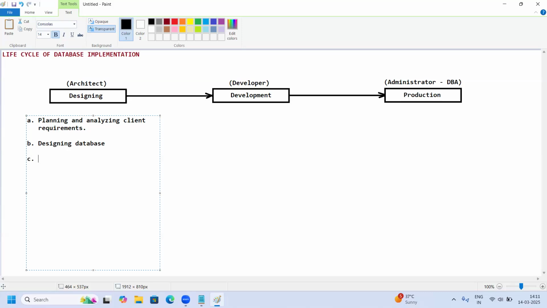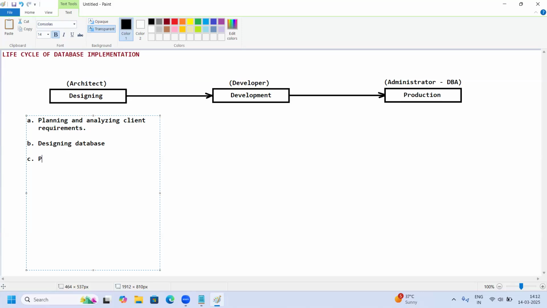Whenever you complete the design part, related to that designing you have to mention the design document. You are supposed to write, in the form of a document, whatever design you completed. Compulsory. You cannot deny that, you cannot avoid that, you cannot ignore that designing part.